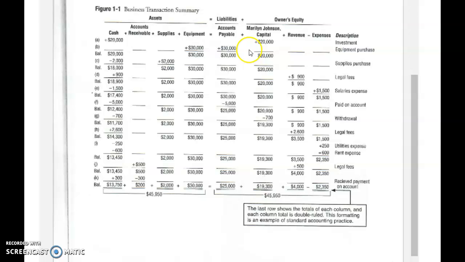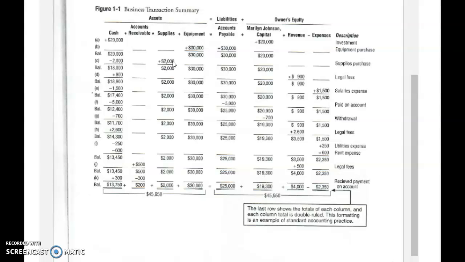Now, if you look here, you made a supply purchase. You purchased supplies for cash. This is C. Well, if you purchased it with cash, you have to reduce cash. So you're going to subtract $2,000 from cash, and you are going to increase supplies because you purchased supplies, and supplies is an asset.